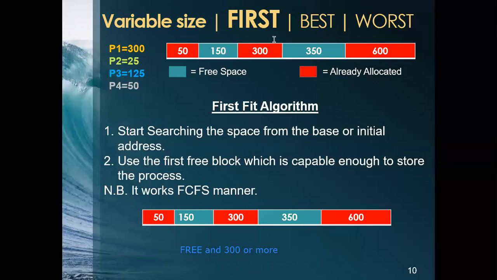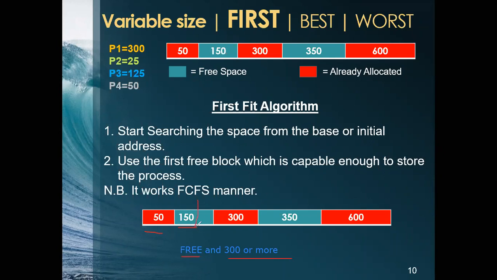We can clearly see that out of the memories we have, the first one, 50, doesn't fulfill it. Then this one is already allocated, so obviously it is not an option. The second free space is 150. Is it free? Yes, it fulfills the first condition, but is it 300 or more?